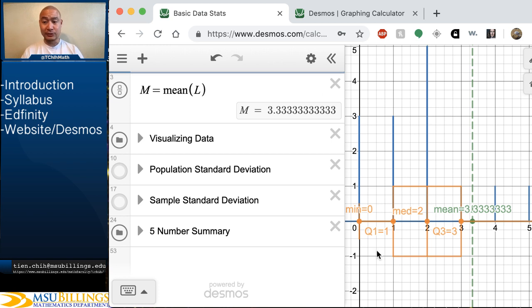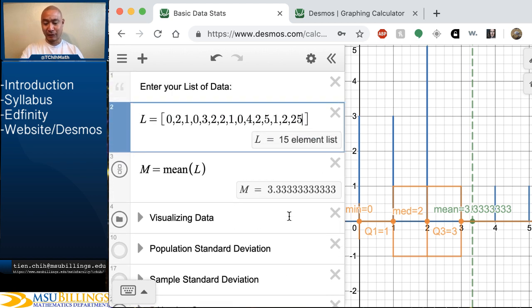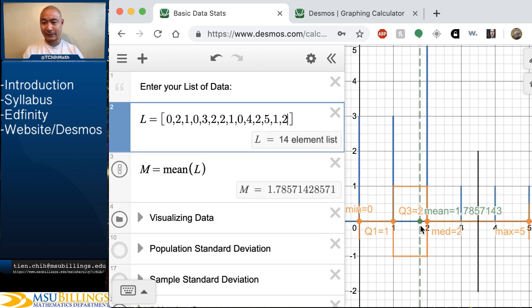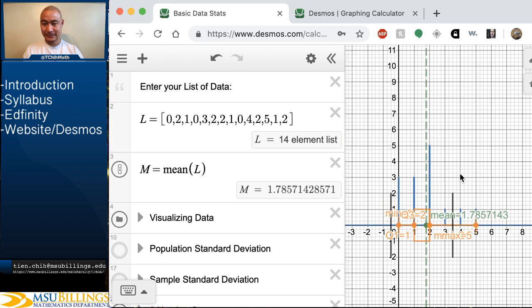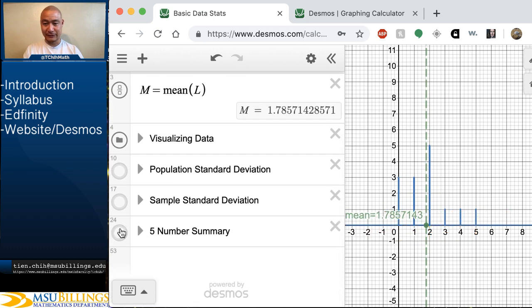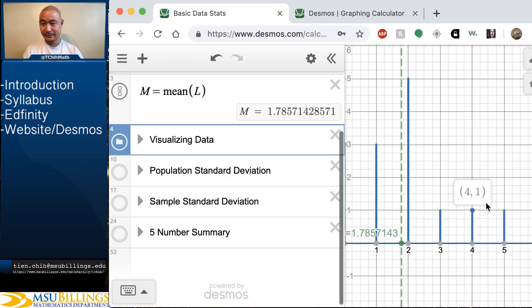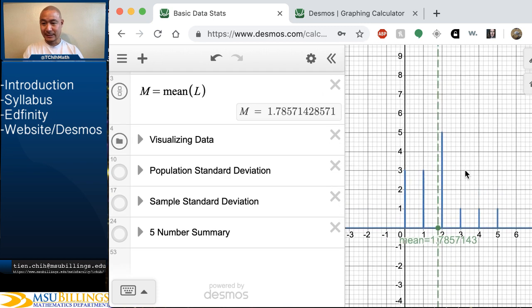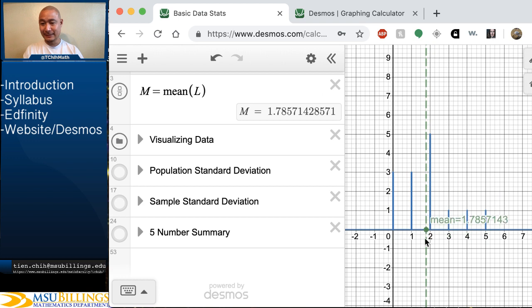Another reason to have both the mean and the median is for comparison purposes. So let's say we don't have that 25. Then this is my distribution of data. My mean is 1.78 something.